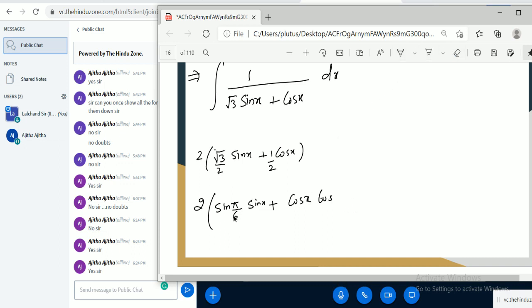This will be pi by 3. Okay, here we have pi by 3 because this is root 3 by 2. So here cos pi by 3.